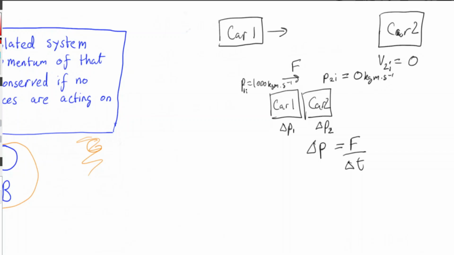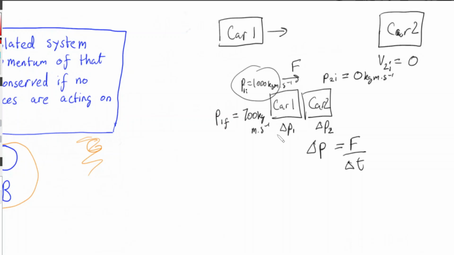And that's because car 2 will be stationary at the initial condition. And let's say that after the collision, car 1 loses 300 kilograms meters per second of momentum. So let's say our final condition, P1F, is equal to 700 kilograms meters per second.